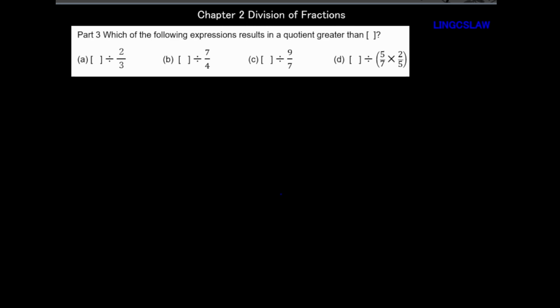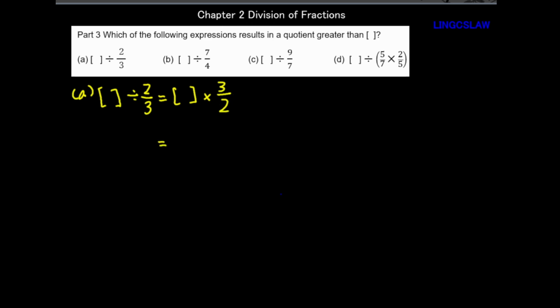Part 3. Which of the following expressions results in a quotient greater than the number in the brackets? A. Something divided by 2 over 3 equals something times 3 over 2.